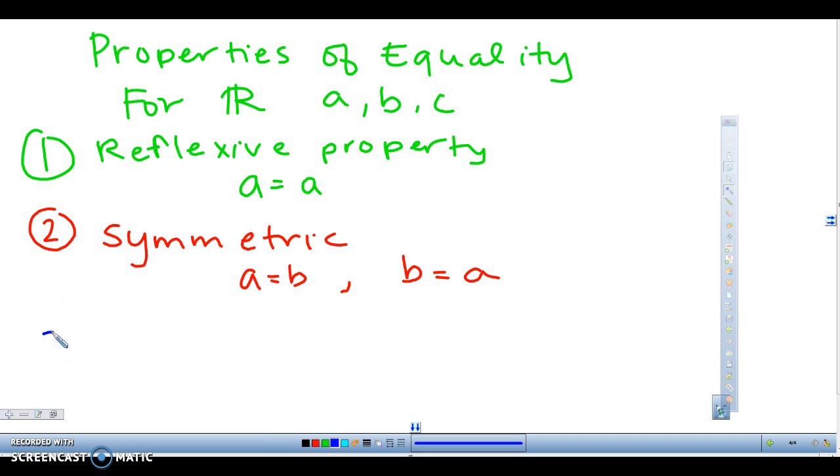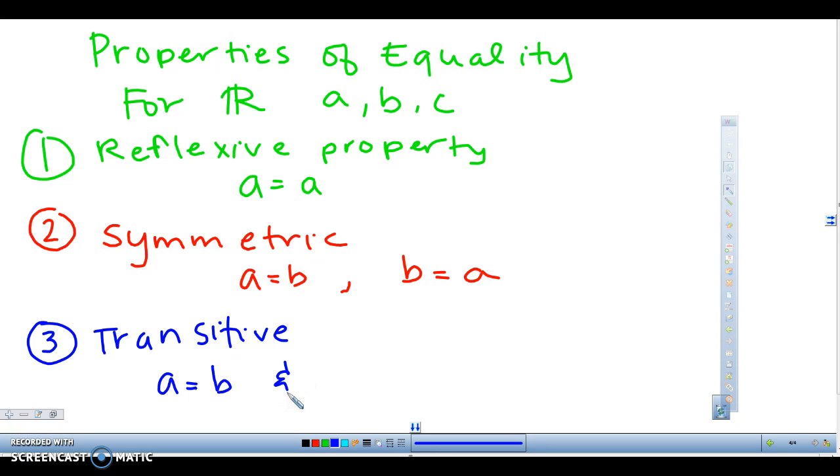Okay? The third thing, transitive, which says that if A is equal to B and B is equal to C, guess what?